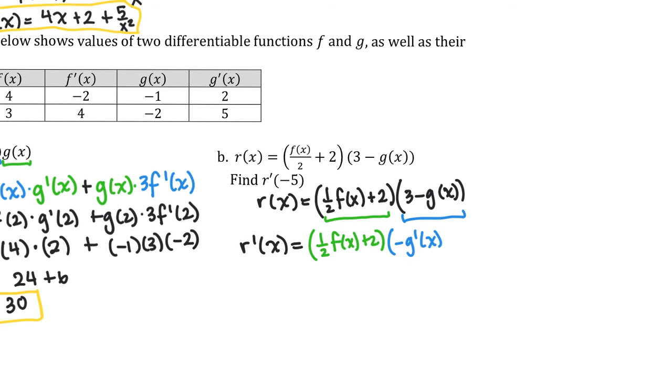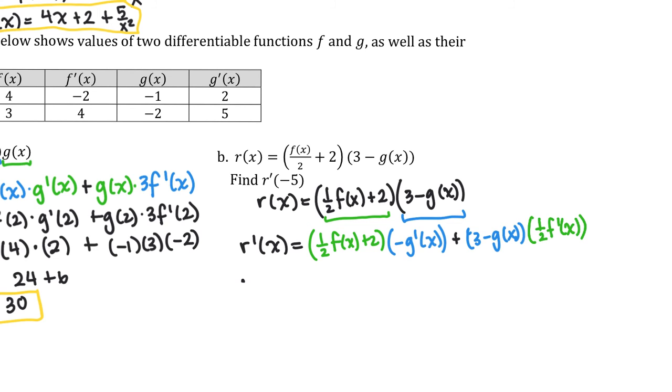Plus the second function times the derivative of the first function. So the derivative of 1/2 f of x is 1/2 f prime of x, and the derivative of 2 is nothing.